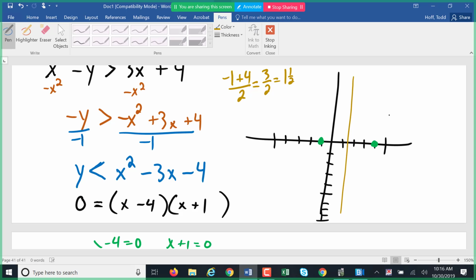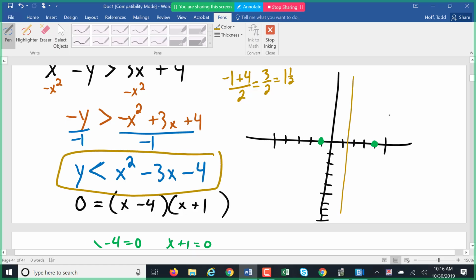So if I put 1.5 in for x, back in, I'll go back to this inequality here because it's solved for y. If I put 1.5 in for x, I will get the y-coordinate of the vertex.